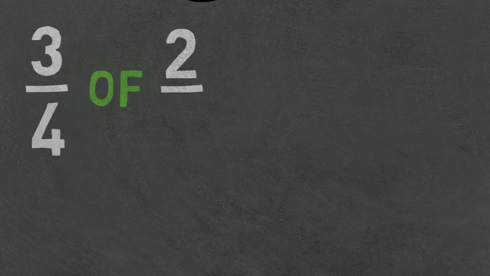Well, now you know that it just means 3/4 times 2/5. So there is no need to panic. If you ever see the word of in any sort of maths question, then it's always going to mean some sort of timesing. Of is basically the word version of the multiplication sign we all know and love.